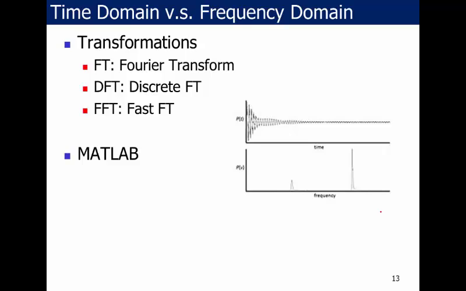Now MATLAB has a very powerful tool to convert. So for example, if we have this kind of time domain signal, we can clearly see it in the frequency domain like that. Right? Whatever that is, can be converted.